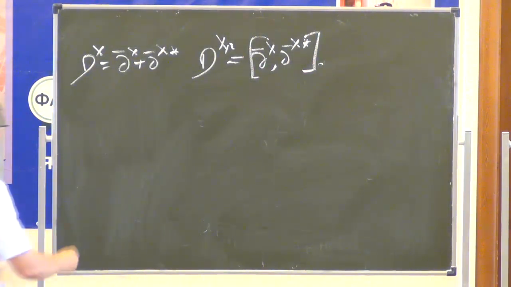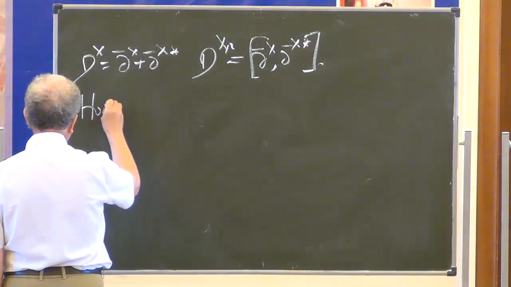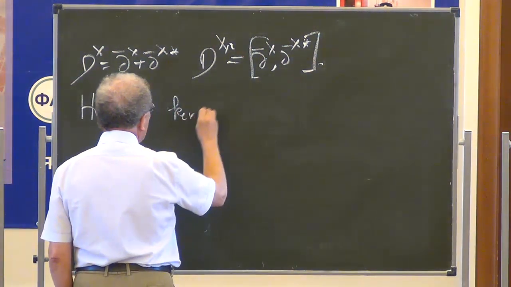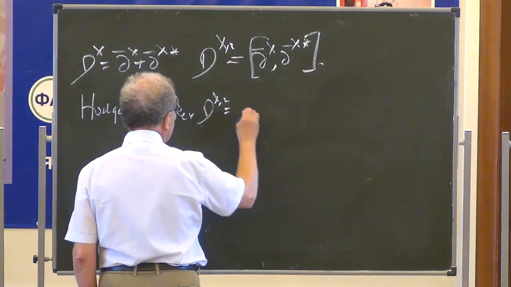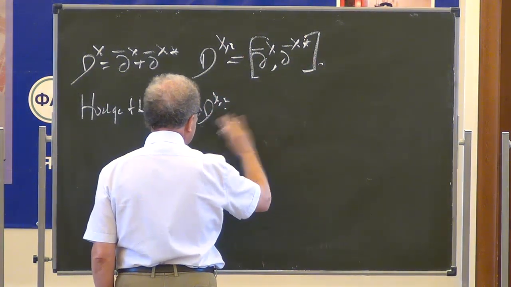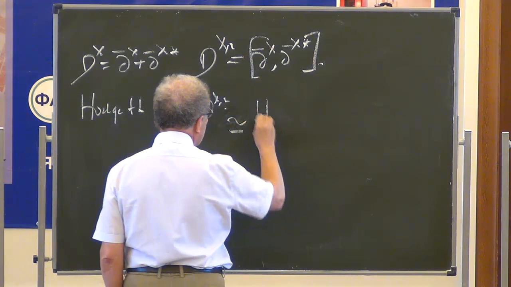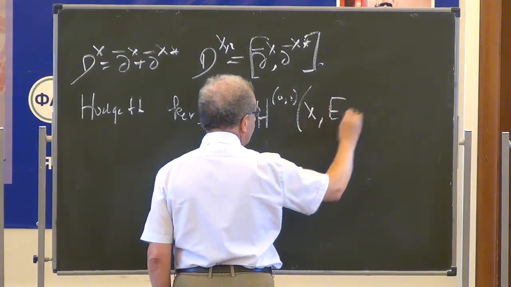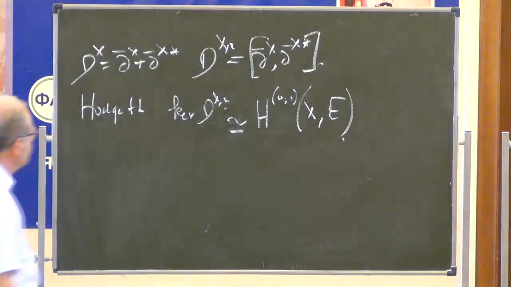So by Hodge theory, we know that the kernel of D^2 can be identified canonically with the holomorphic cohomology of X with coefficients in E.